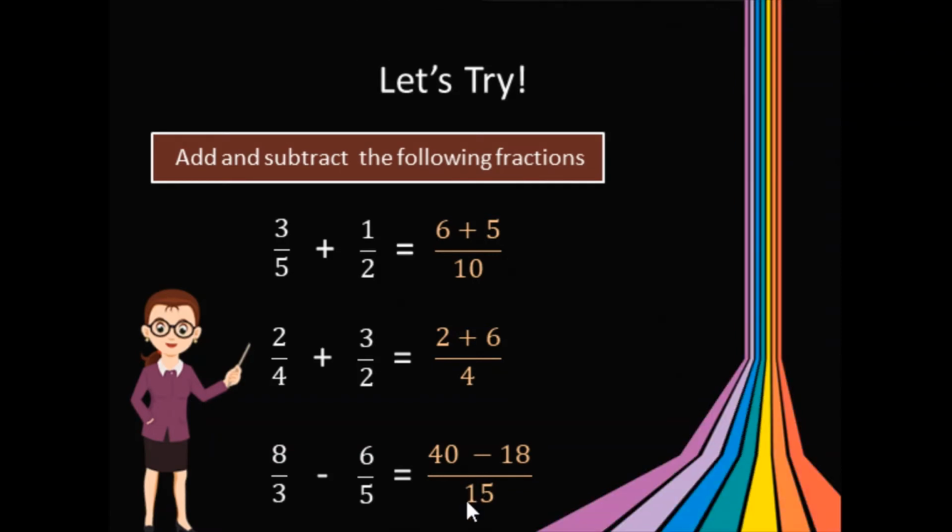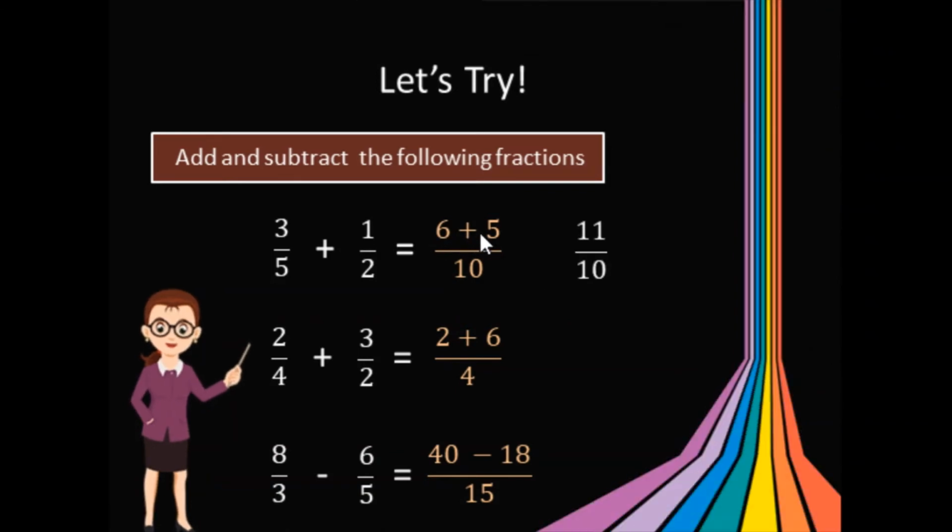So it becomes 15 divided by 3 is 5 times 8. We get 40. And then 15 divided by 5 is 3 times 6. We get 18. So it's 40 minus 18 over 15. Let's simplify them.